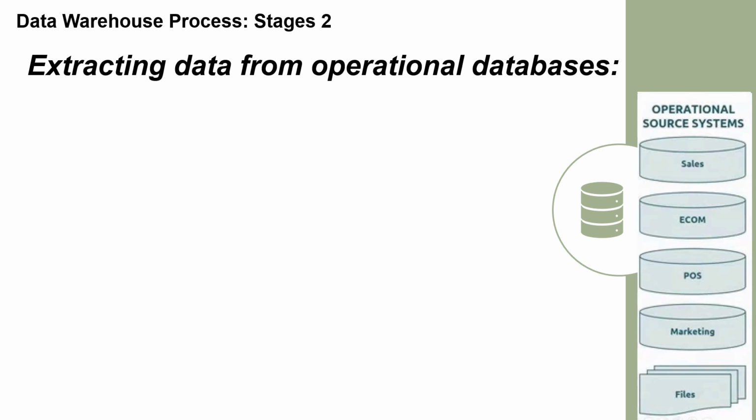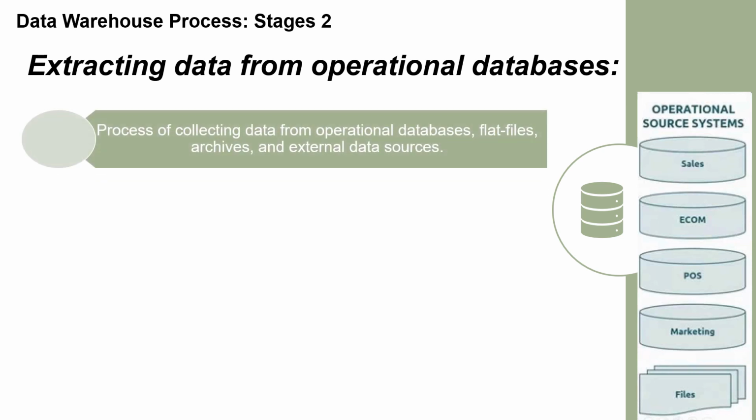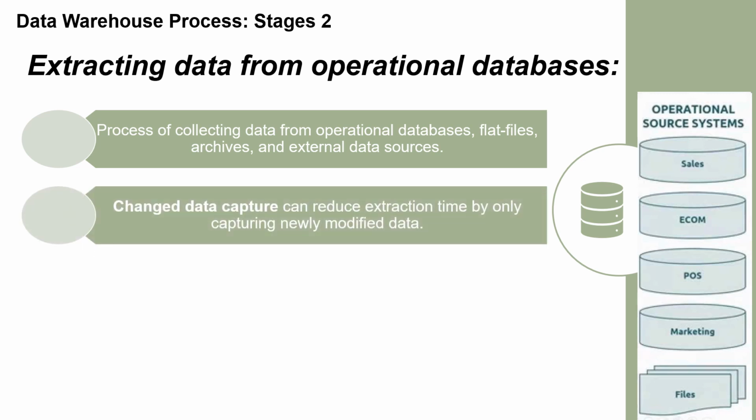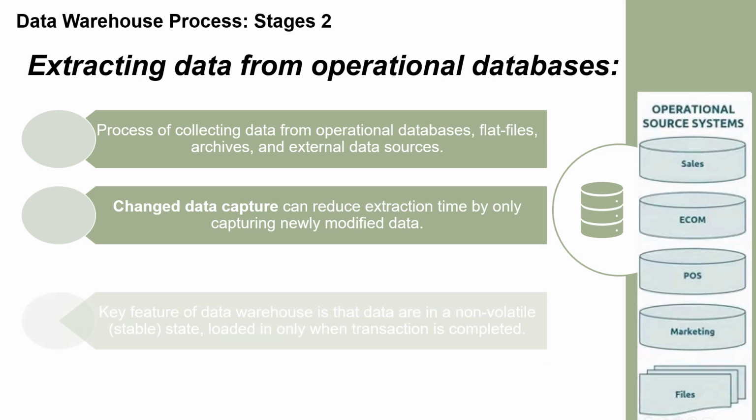And then the second one is extracting data from the operational database. The process of collecting data from operational databases, flat files, archives, and external data sources. Change data capture can reduce extracting time by only capturing newly modified data. So just the modification or just the update.